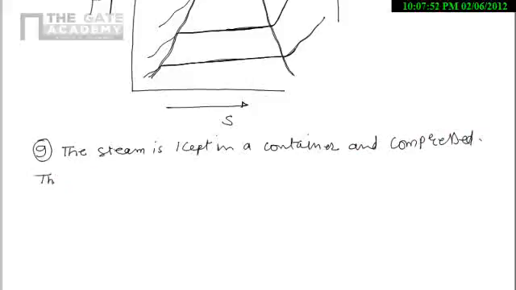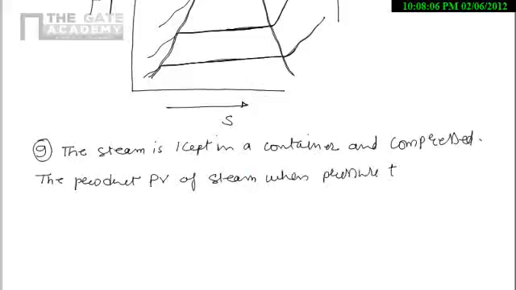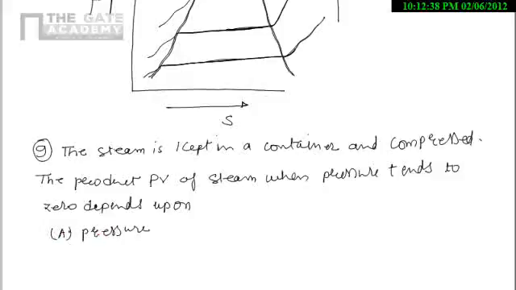The product PV of steam when pressure tends to zero depends upon: A, pressure; B, entropy; C, temperature; D, enthalpy.